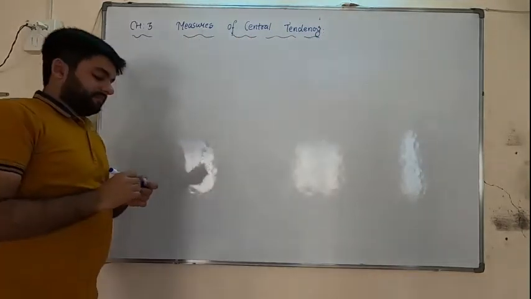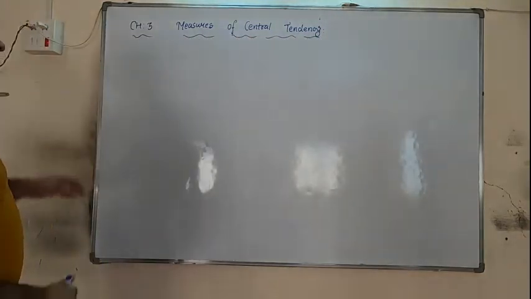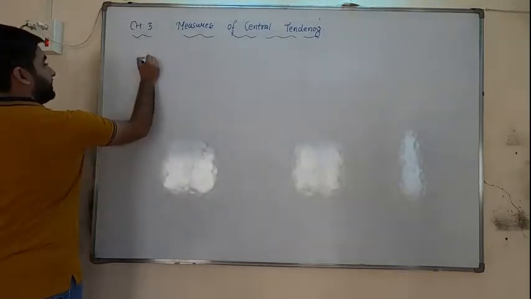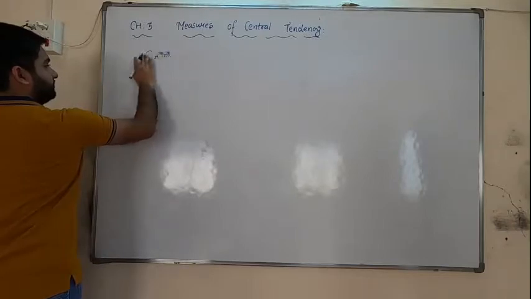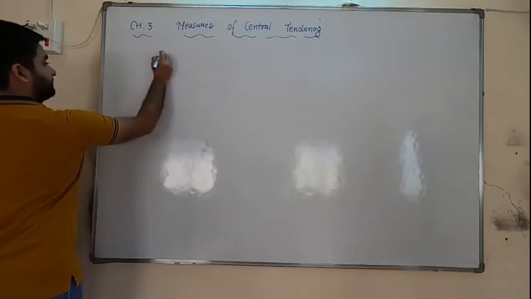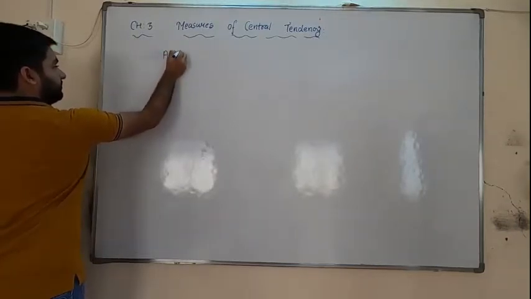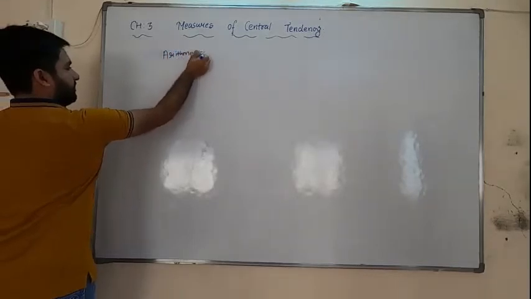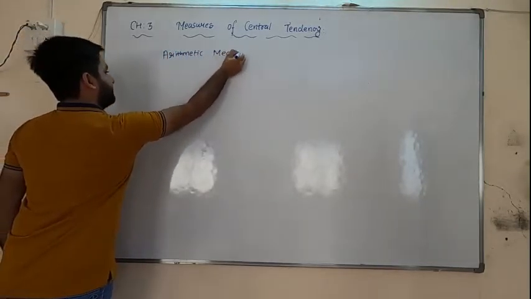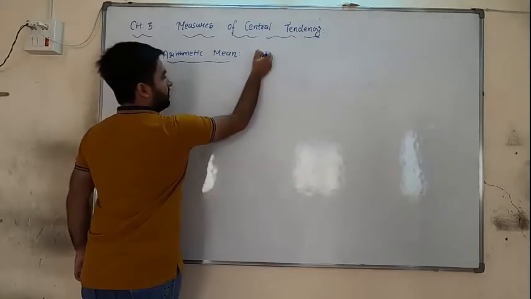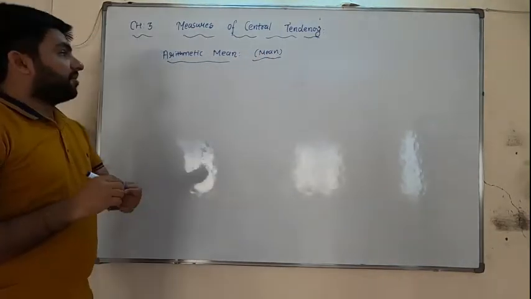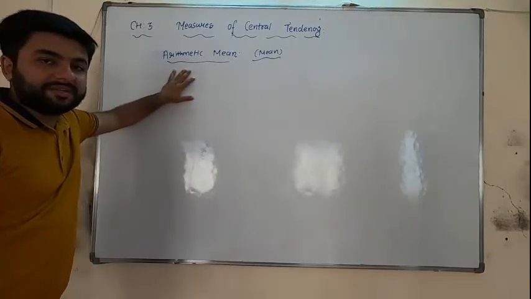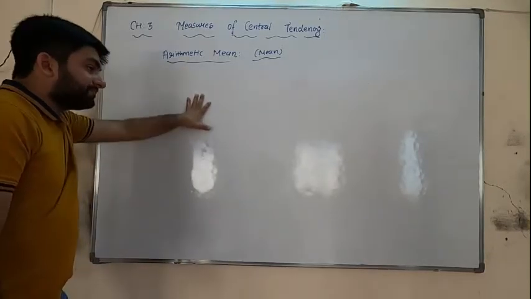In that we are taking the arithmetic mean or normal mean. Simply if we say mean, that is okay, or if we call it arithmetic mean, that is also okay.